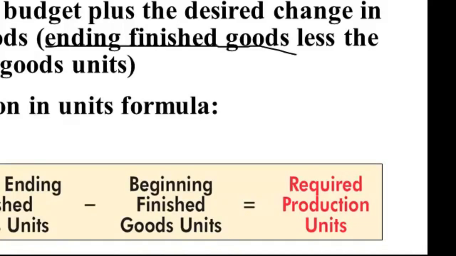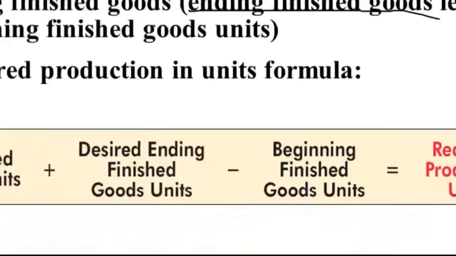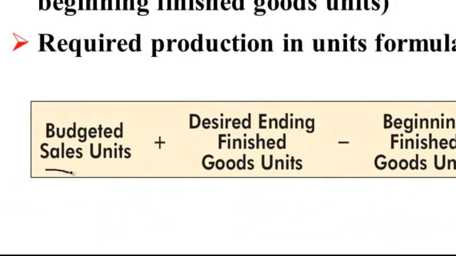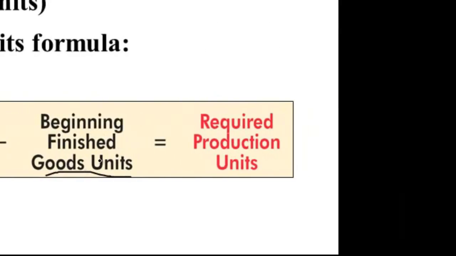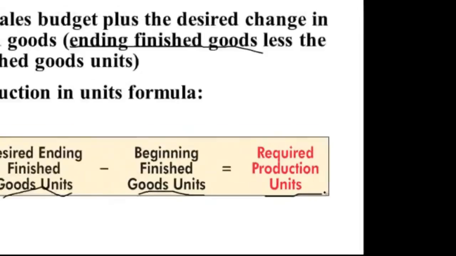So to determine how much he produces each quarter, the manager looks at how much will be sold during the quarter, plus how much he has to end up with at the end of this quarter in ending finished goods. But he starts off the quarter with beginning finished goods. So it's budgeted sales plus desired ending inventory minus beginning finished goods. And that gives him the determination of what he has to produce.